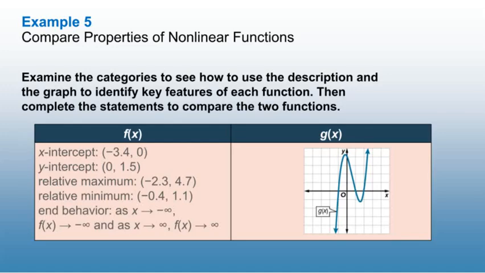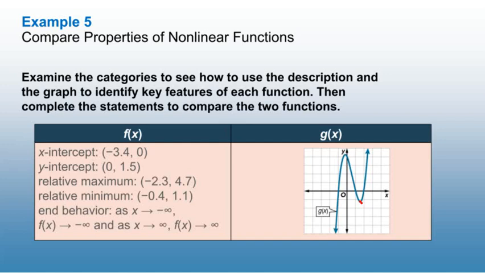Let's examine categories to see how to use the description and the graph to identify key features of each function, then complete the statements to compare the two functions. If we look at the one on the right, g of x, we have a minimum down here, which would be a little bit less than -1.